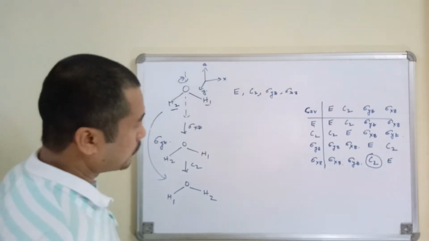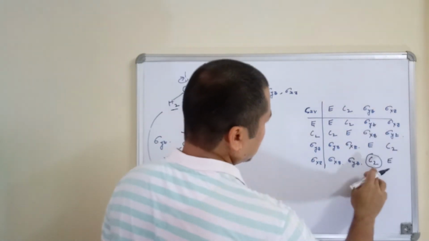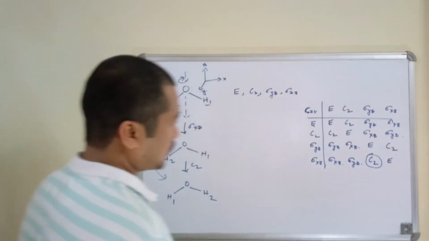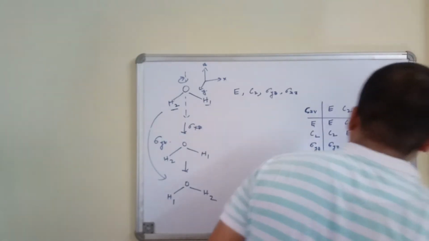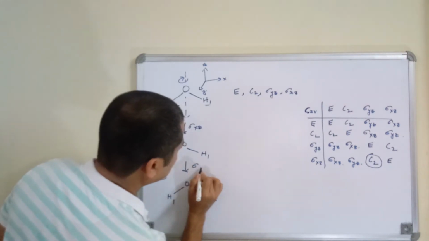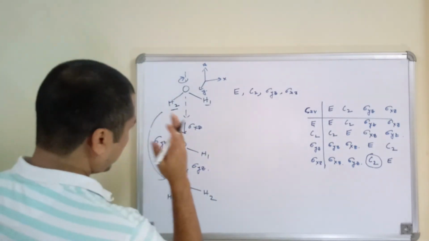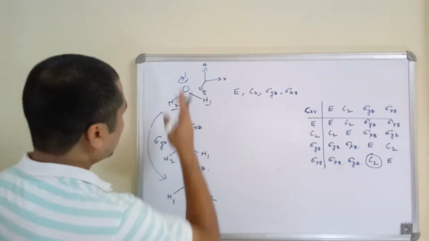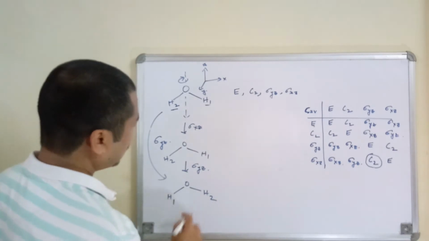So we will verify if the product of sigma xz with sigma yz is equal to C2 or not. So here we will have to do sigma yz. If we do sigma yz, that is the plane which bisects the molecule here, then again we will have this.